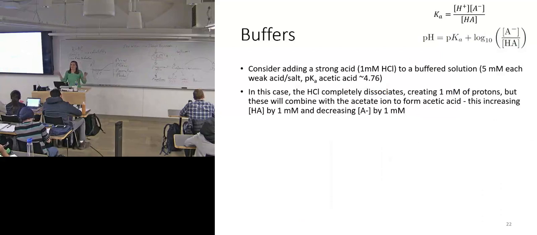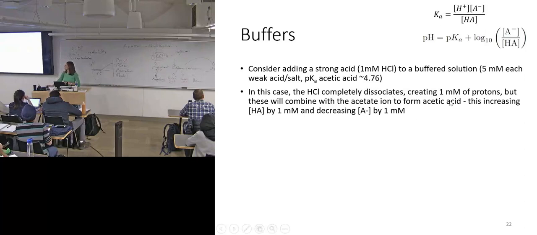Obviously, these are like simplified examples from what we care about biologically. So if I have, consider adding 1 millimolar of HCl to a buffered solution that's equal parts, 5 millimolar each, of my acetic acid and my sodium acetate. In this case, HCl completely dissociates, or assume it goes to complete dissociation.